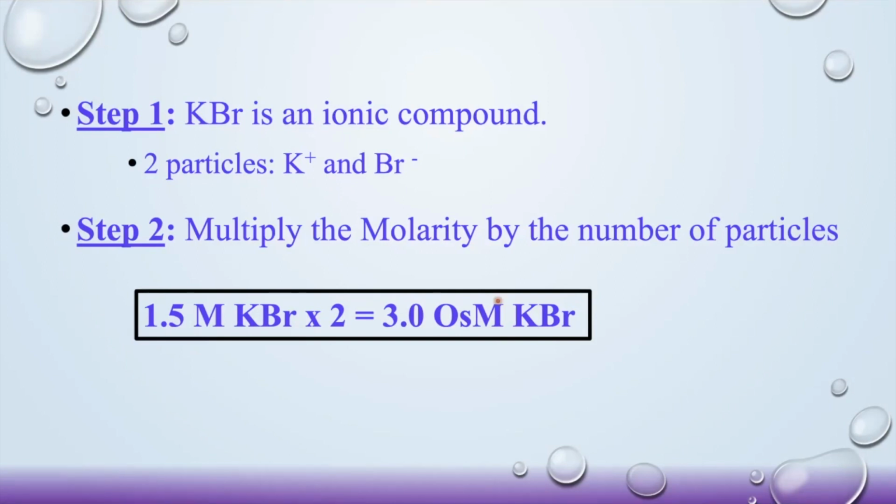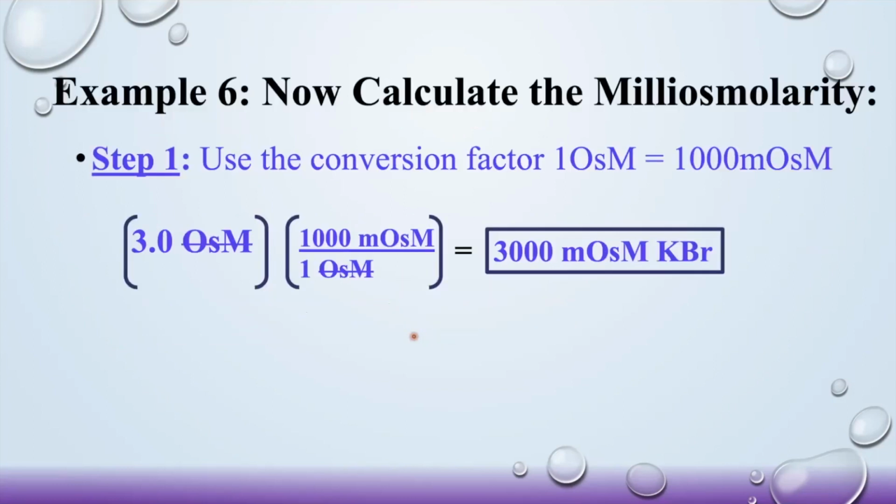What do you say we take this and now calculate the milliosmolarity. If you recall, I gave you a conversion factor when we first got started with this. It was 1 osmolarity is equivalent to 1,000 milliosmolarities.